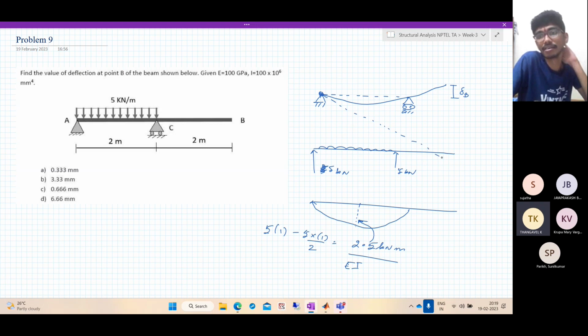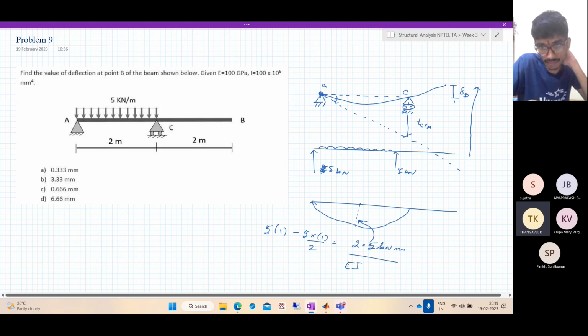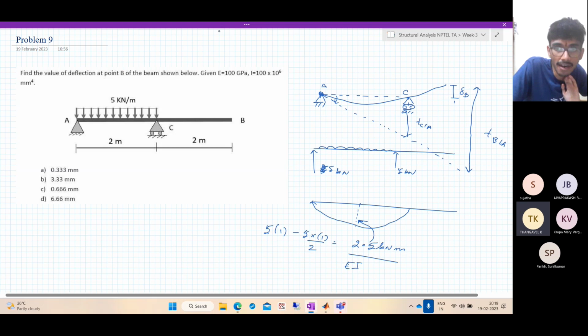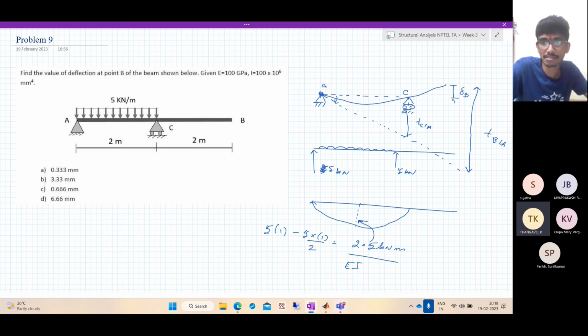So here, if this is a tangent at A, we know the point C is fixed, and this is TC with respect to A, and the full thing is TB with respect to A. Now what is delta B? We don't know what this is. Let us call this some quantity y.